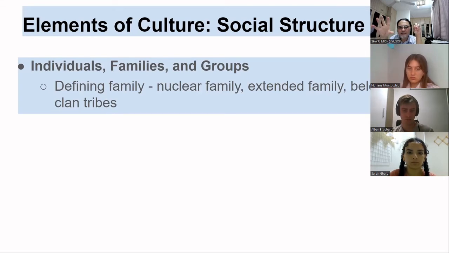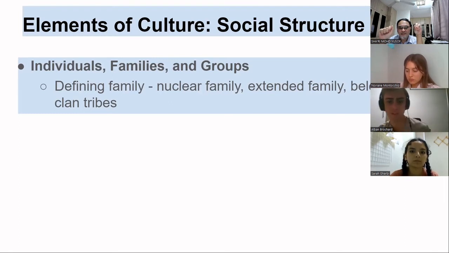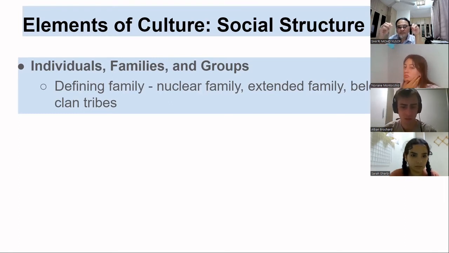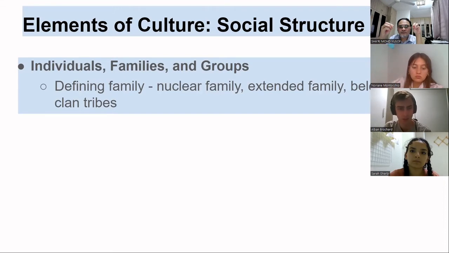This is an extended family in the household. In the house, there's a big house, and everyone is there. What's the difference? Immediately you can see the difference. The people surrounding the child, the way of growing, the way of educating is different, I guess.